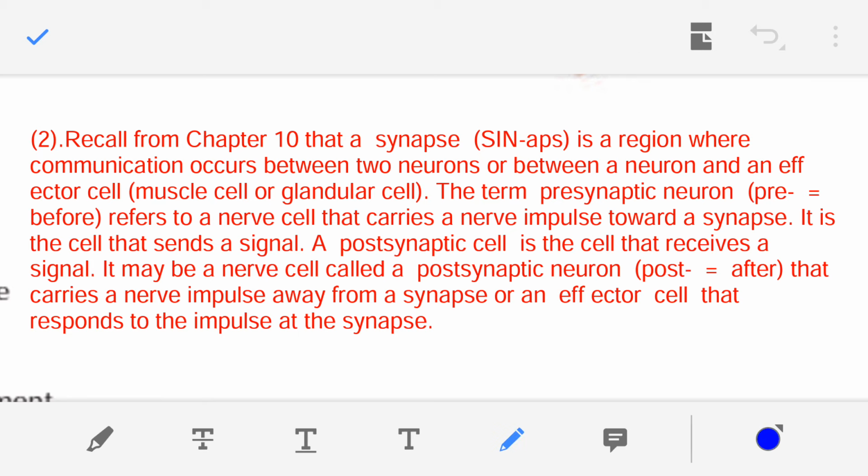Now the term presynaptic neuron, pre means before.